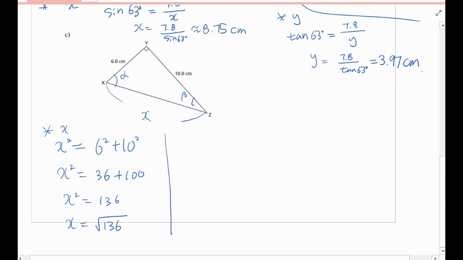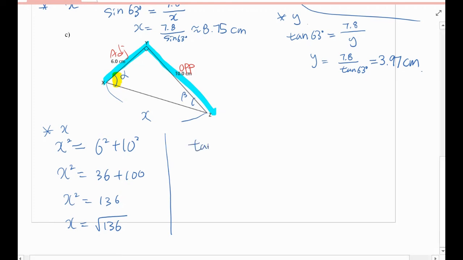After that, we're going to find alpha. To find alpha, you can just use any side. So let's use 6 and 10. Relative to alpha, 10 centimeters is opposite and 6 is adjacent. So OA, opposite and adjacent.